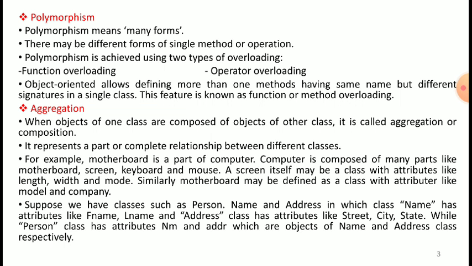Suppose we have classes such as person, name and address, in which class name has attributes like first name and last name, and class address has attributes like street, city and state. While the person class has attributes nm, that means name, and addr, that means address, which are objects of the name and address classes respectively.